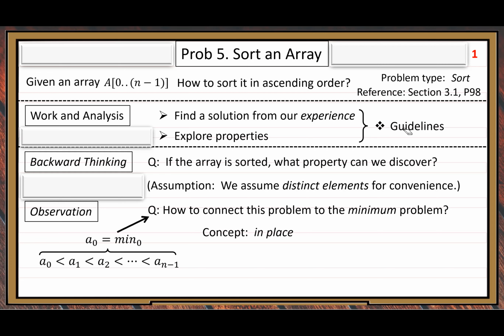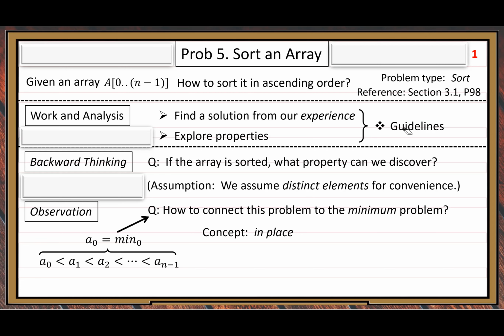The concept here, before we complete the whole story, I'd like to use this in-place concept, matching your understanding in real world experience.